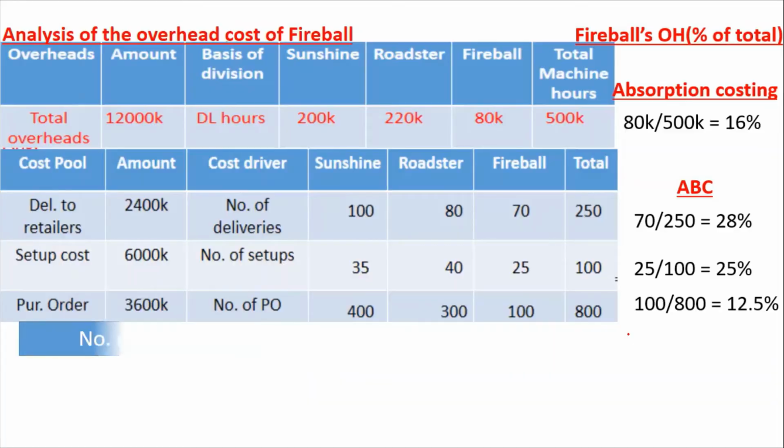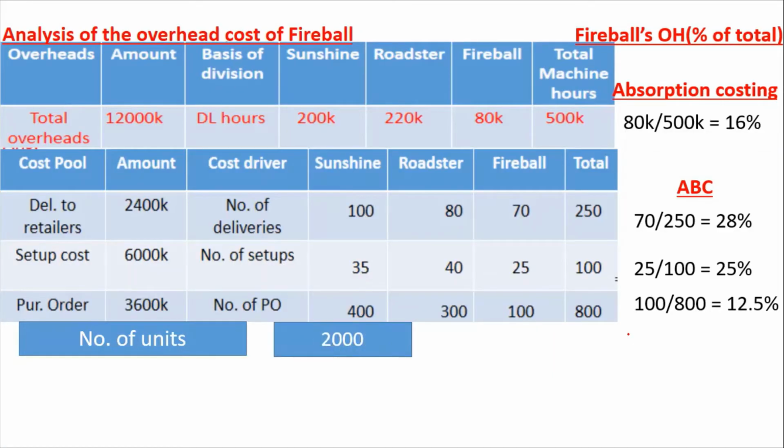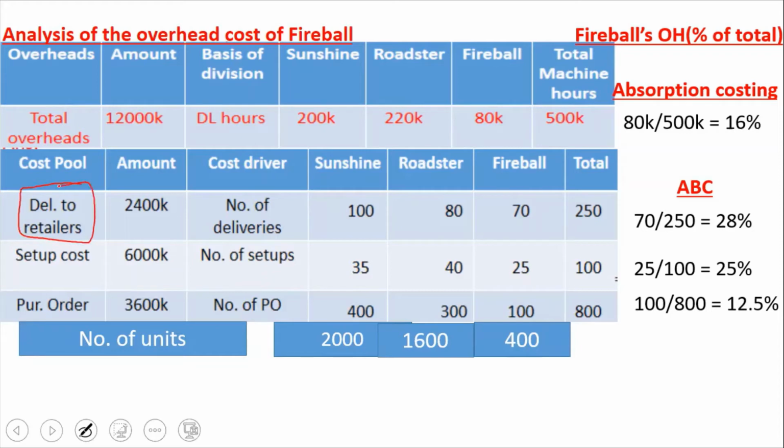This is where we have to connect it to the number of units of Fireball that have been produced. Let's take a look. So the number of units of Sunshine is 2000 units, Roadster is 1600, and Fireball just 400 units. Now focus your attention on the delivery cost to retailers. We are delivering to the retailers 70 times.